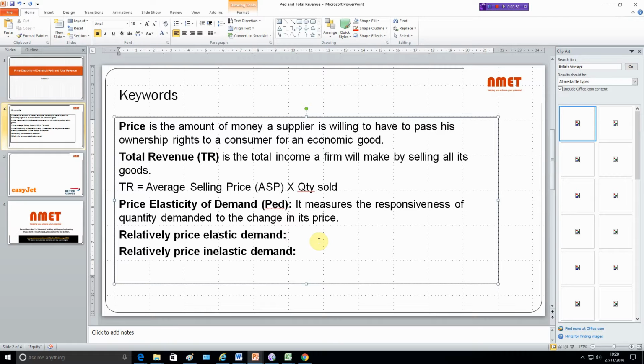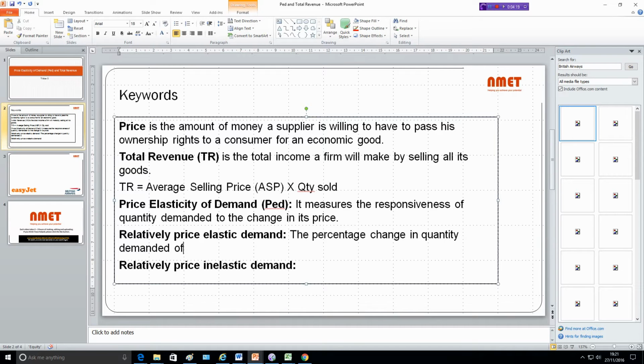In a broader sense, what would a relatively price elastic demand curve mean in terms of quantity demanded and price? The percentage change in quantity demanded will be higher compared to the percentage change in price.